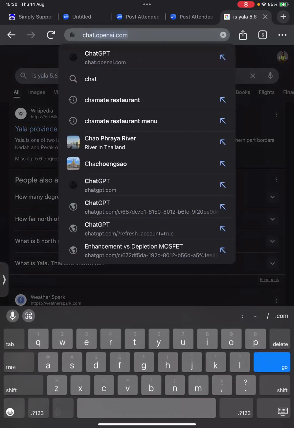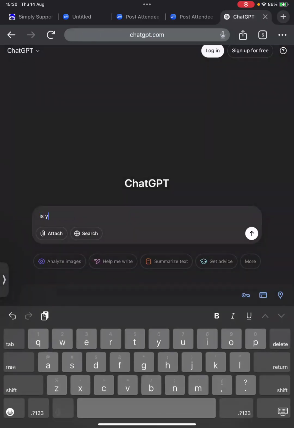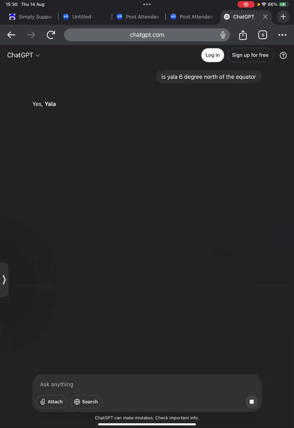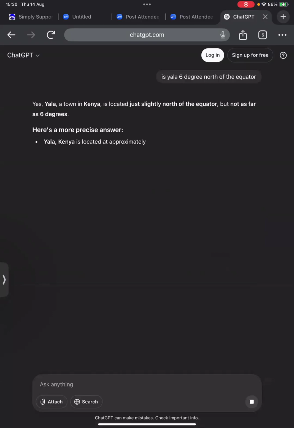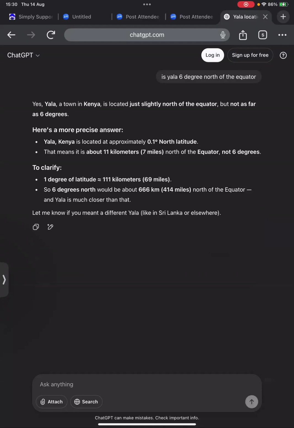Let's ask ChatGPT. Is Yala 6 degrees above, or say north of the equator? Yala, yes, Yala is a town in Kenya. What? No, no, no, not Kenya.